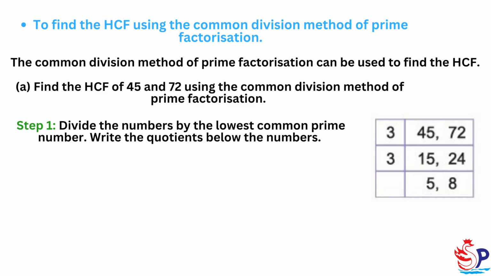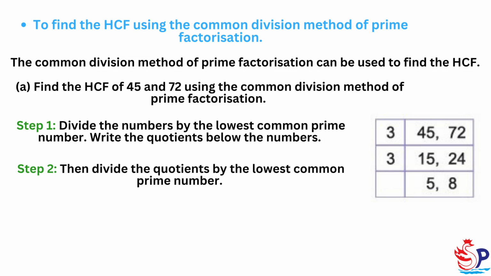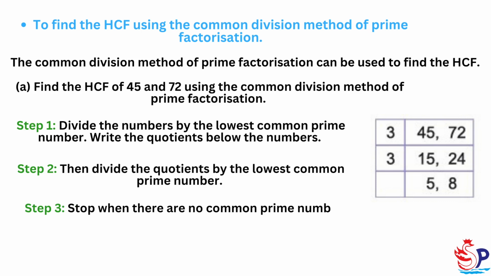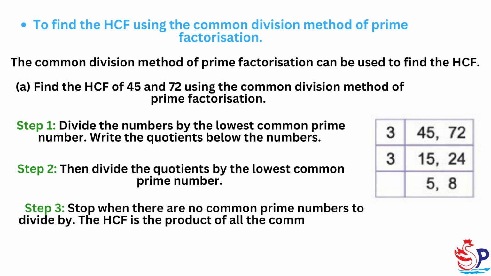Write the quotients below the numbers. Step 2. Then divide the quotients by the lowest common prime number. Step 3. Stop when there are no common prime numbers to divide by. The HCF is the product of all the common factors. Answer. HCF equals 3 multiplied by 3 equals 9.